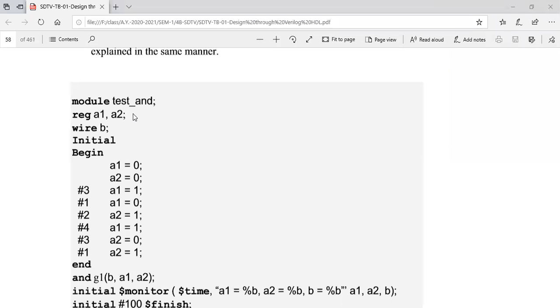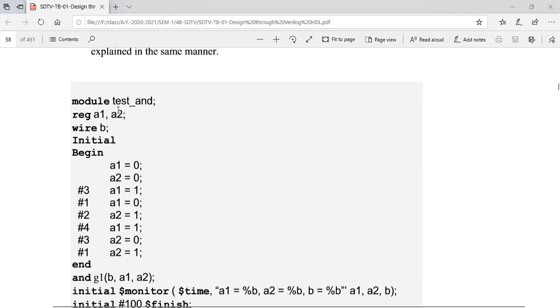So the test bench will have the name: module, and after that, test_ followed by the name of the main program. Then we have registers. A1 and A2 are registers because they are inputs, right?